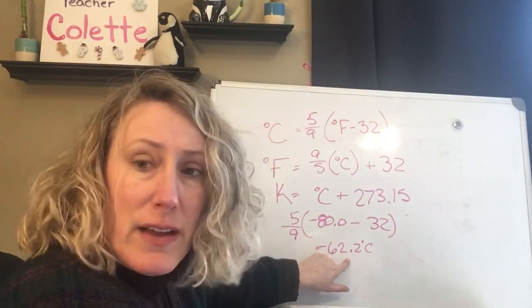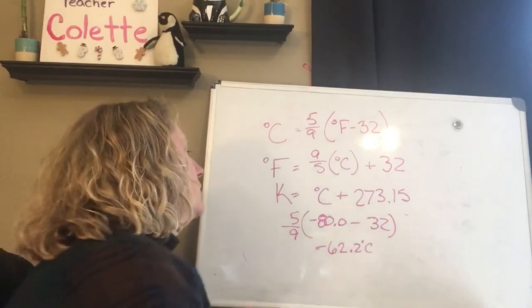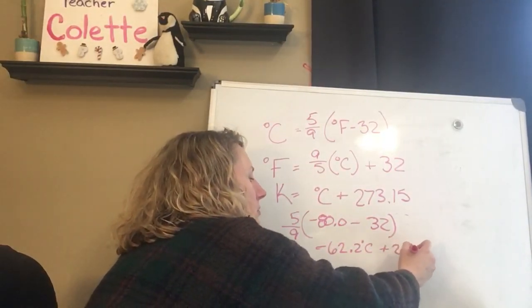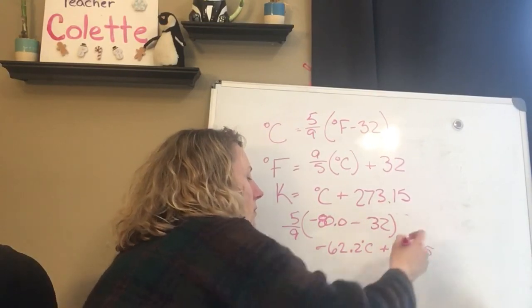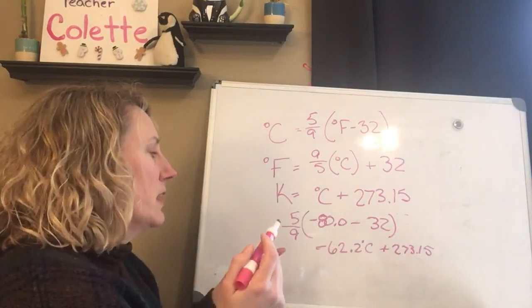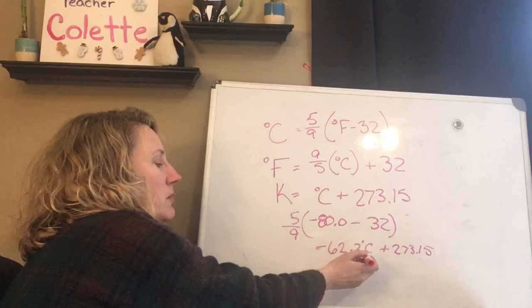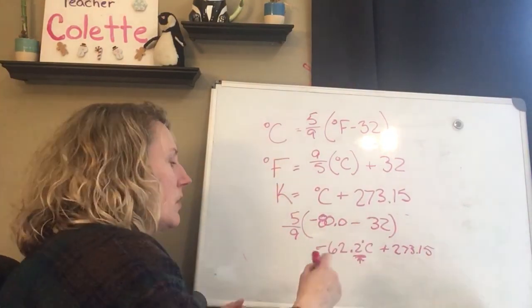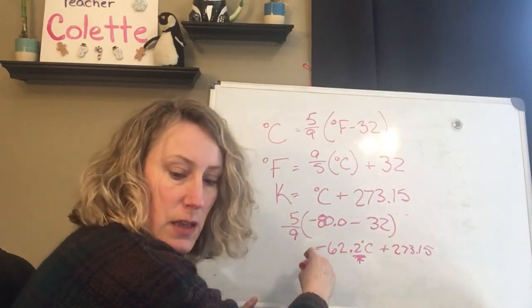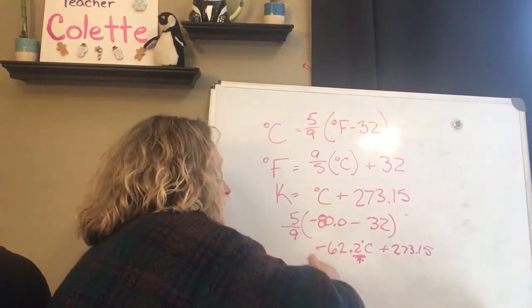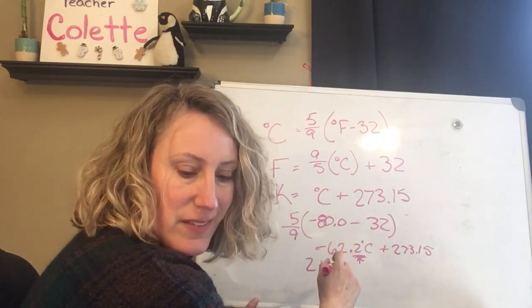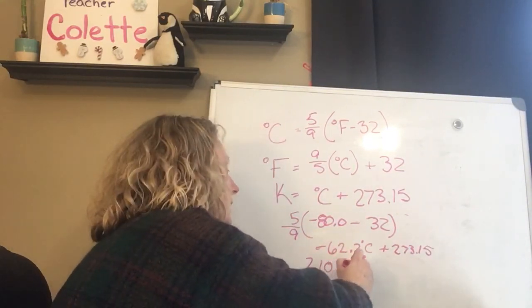All right, then we're going to have to convert that to Kelvin. So then we're going to add 273.15 to that. Remember, when we're adding or subtracting significant digits, I round to my least significant place, which is going to be this place. So it's 210.9 and a 5, but then it rounds.